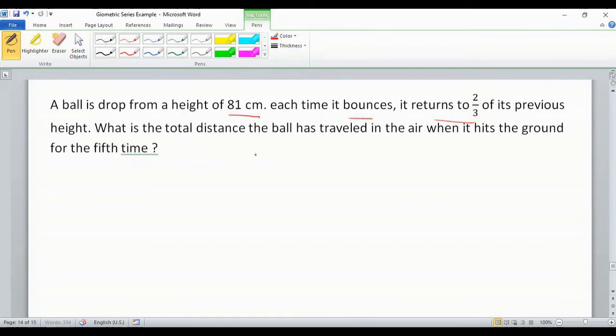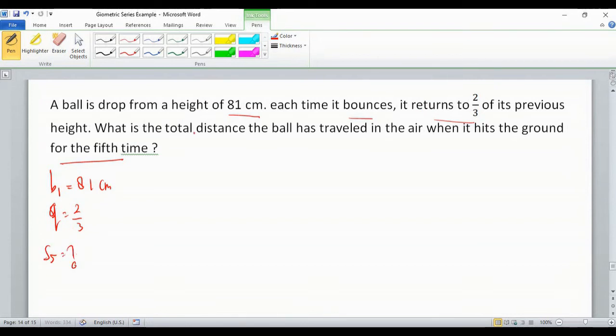What is the total distance the ball has traveled in the air when it hits the ground for the 5th time? So from here we have the first term equal to 81 centimeters, and it returns to 2/3, that means the ratio is 2/3, and they ask about S5.